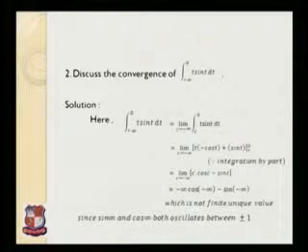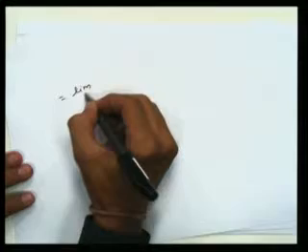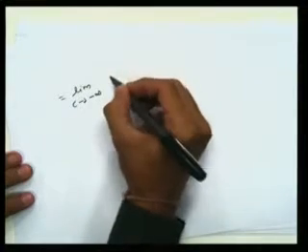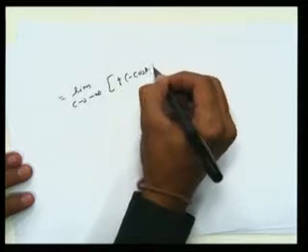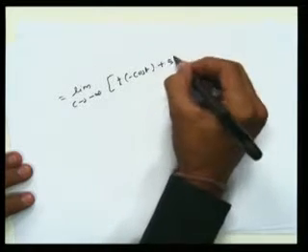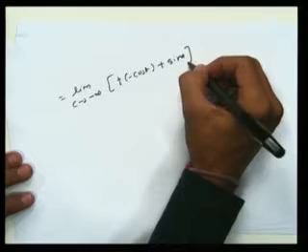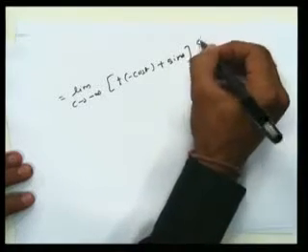Next step, let us try to understand this third step here. Here we have second step: limit c tends to minus infinity of t into minus cos t plus sine t, and limit is from c to 0.